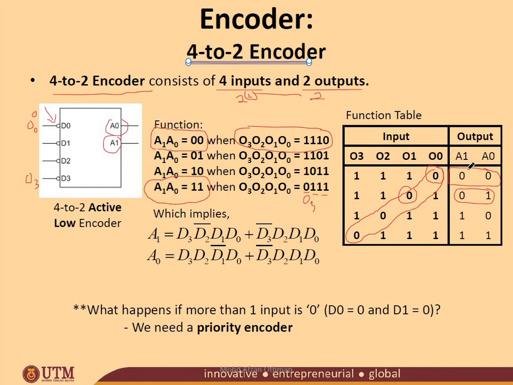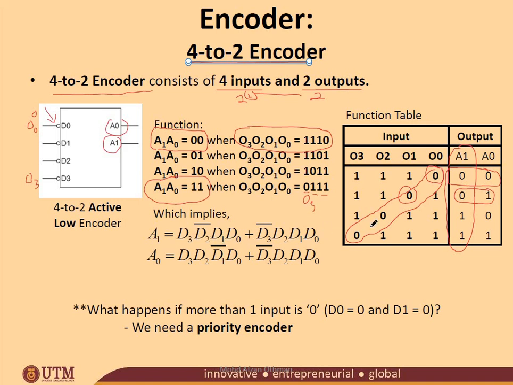By seeing this table, you construct an expression for A1, for example, for whatever minterm or maxterm. So let's say this one, you take the function which results in 1. For A1, you will have D3, D2, D1, D0.